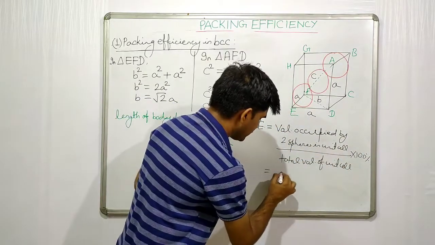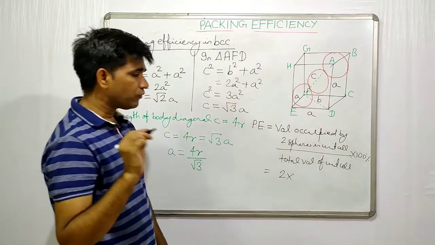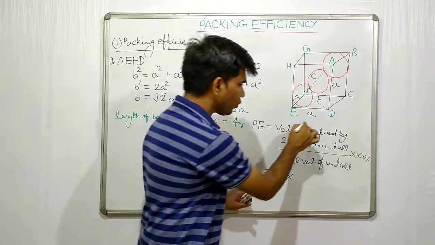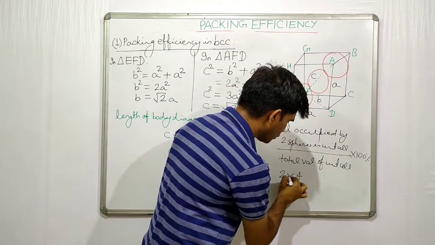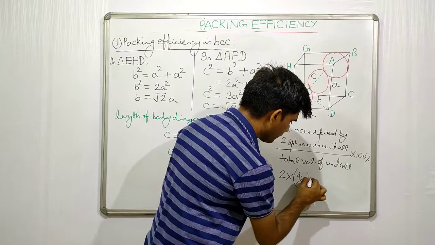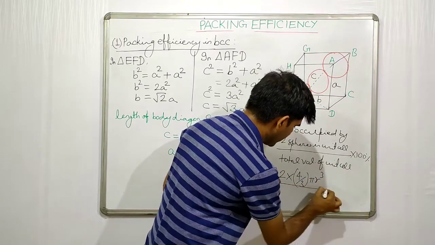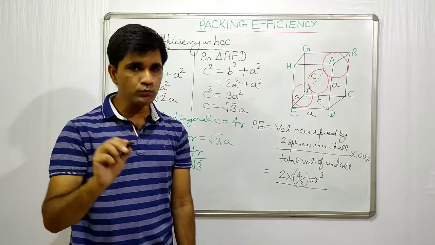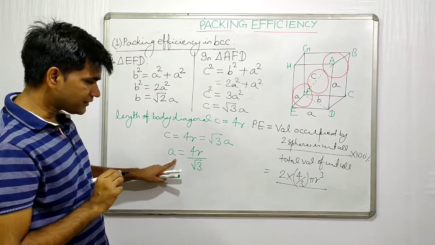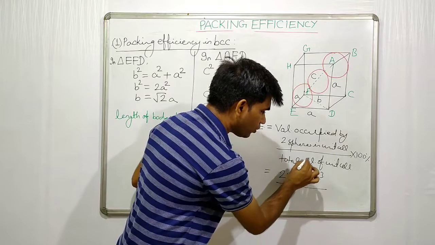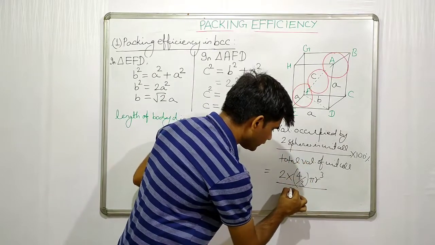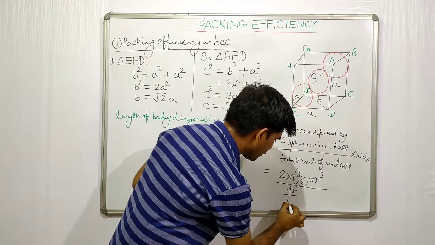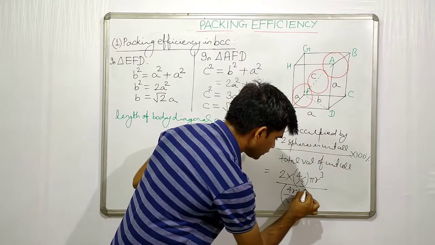Students, as we know, the volume of one sphere is equal to 4 by 3 pi r cube. So volume of two spheres would be equal to 2 into 4 by 3 pi r cube. The total volume of the unit cell would be equal to A cube, and the value of A is this. So the total volume of unit cell would be equal to (4R by root 3) cube.